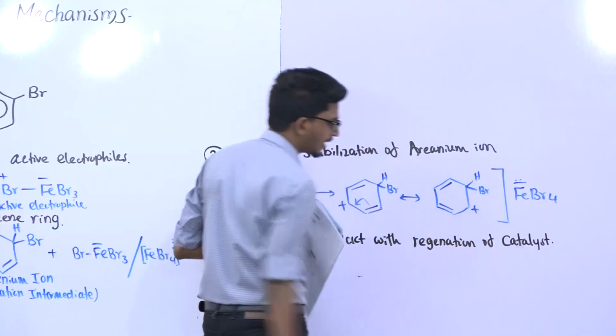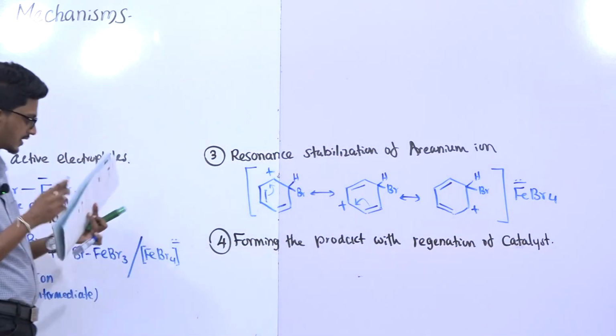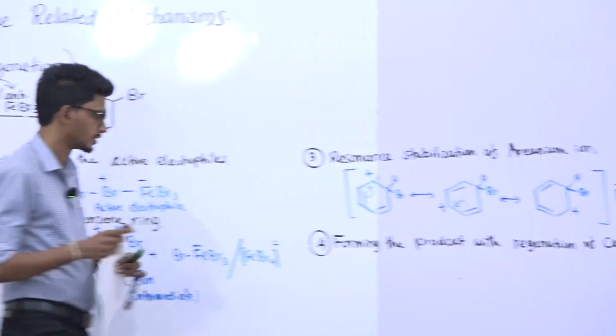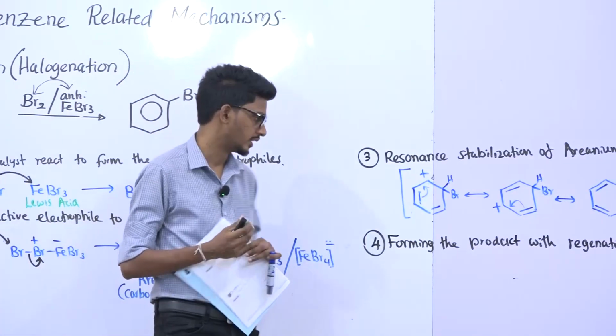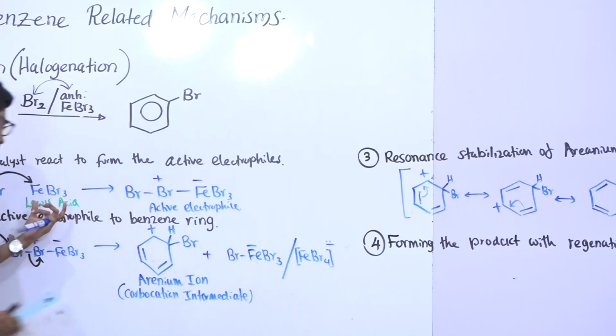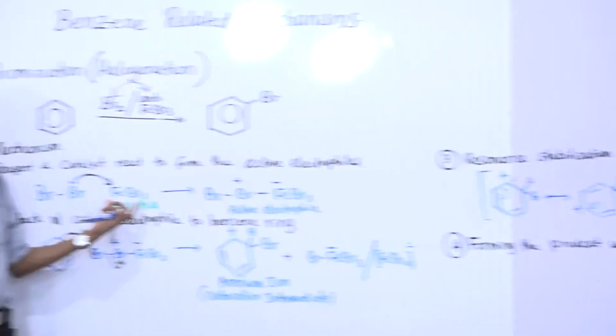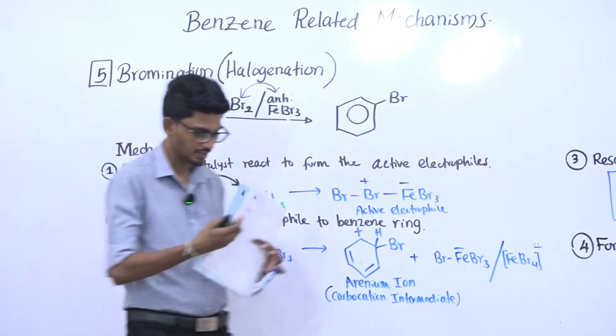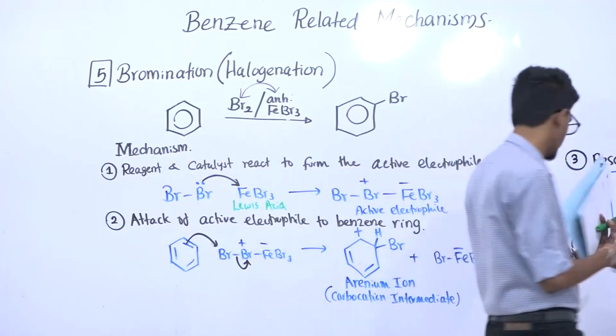The catalyst should be formed ultimately. No net consumption or no net production should be there with the catalyst. So the consumed amount here should be reproduced. That is what happens at the final step.